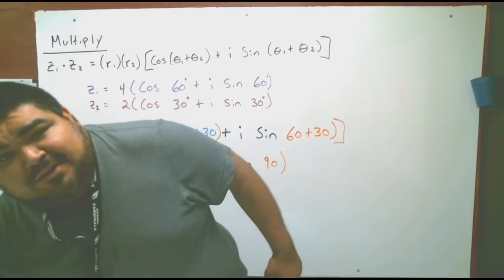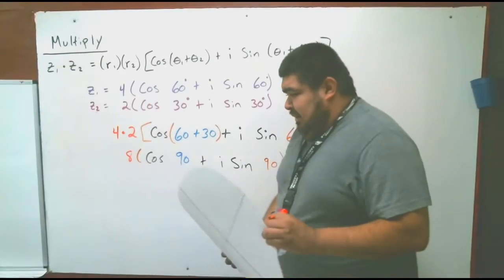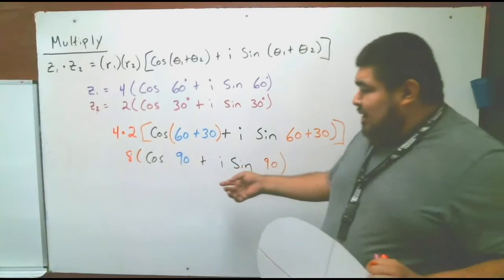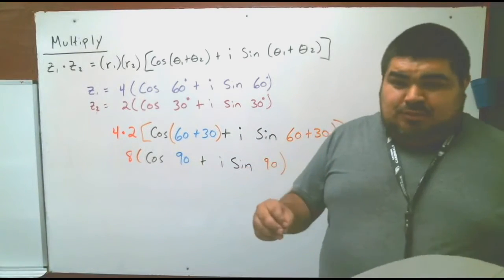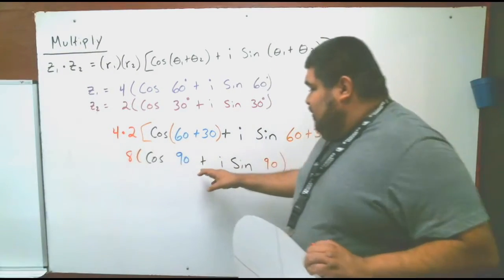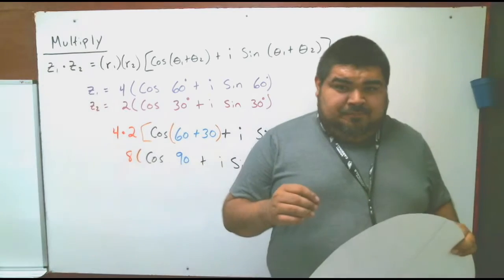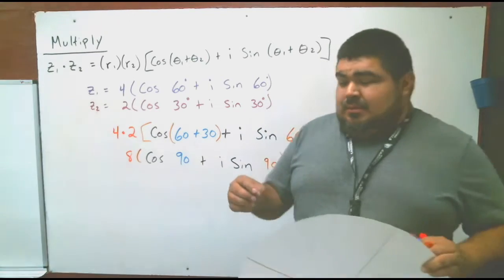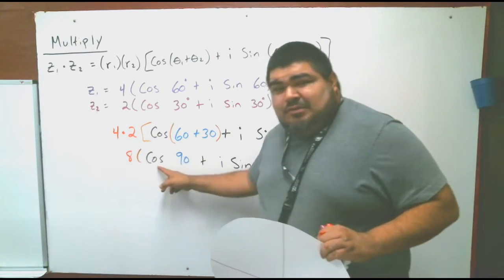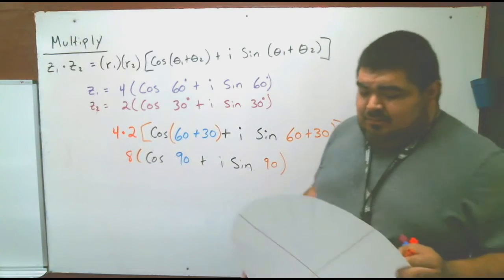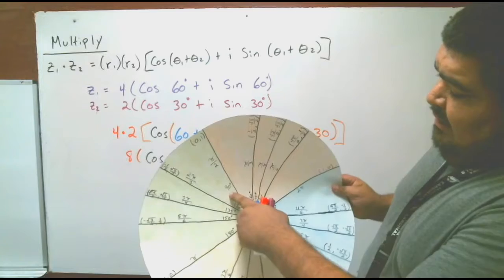It doesn't matter if you have degrees or radians. The radian for 90 is pi over 2. So whether you're dealing with cosine pi over 2 plus i sine pi over 2, or 90 degrees, doesn't matter, they're both the same. You still have to find cosine for that angle and sine for that angle. In this case, we're dealing with 90.